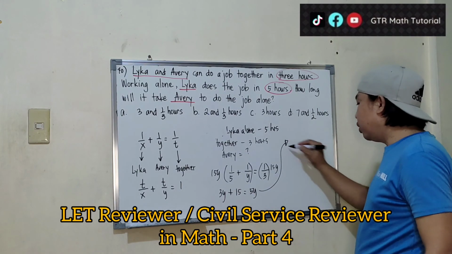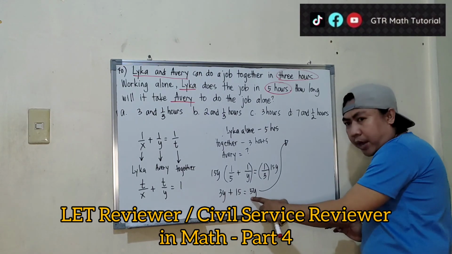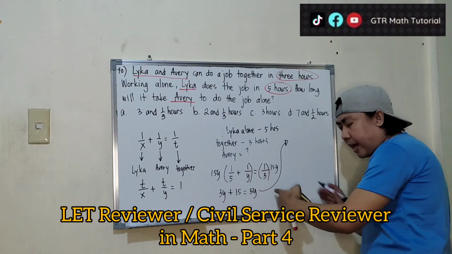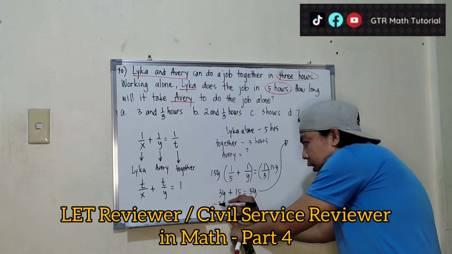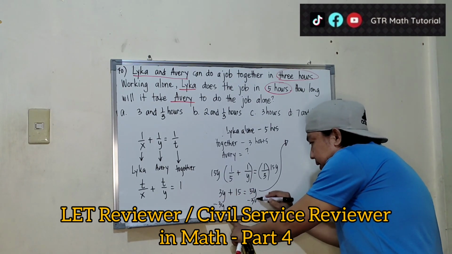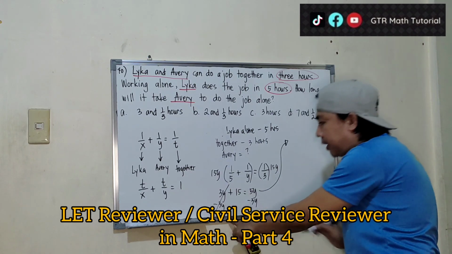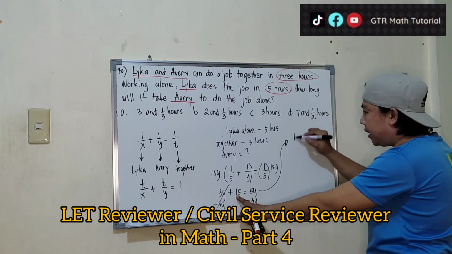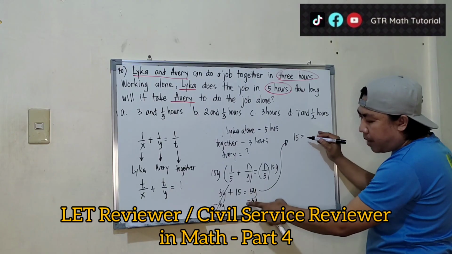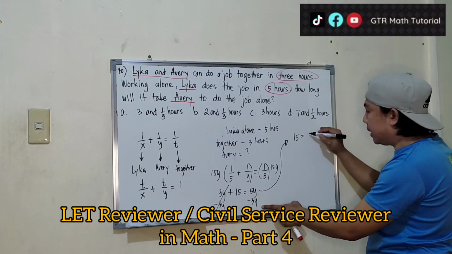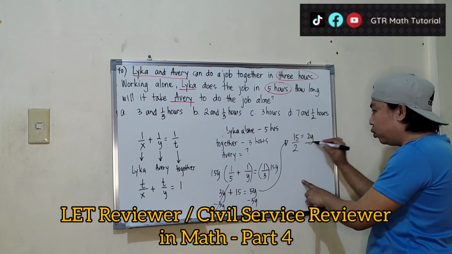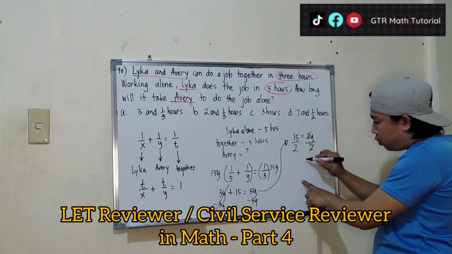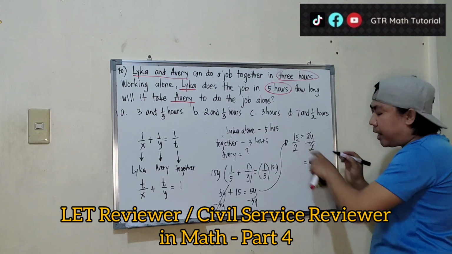Pagsama-samahin natin yung y, 3y and 5y, sa right side dahil mas malaki yung 5 sa 3. So, subtract 3y to both sides. Mawawala na ito, so we have 15 equals 5y minus 3y, that is 2y. Divide both sides by 2, so y equals 15 divided by 2.